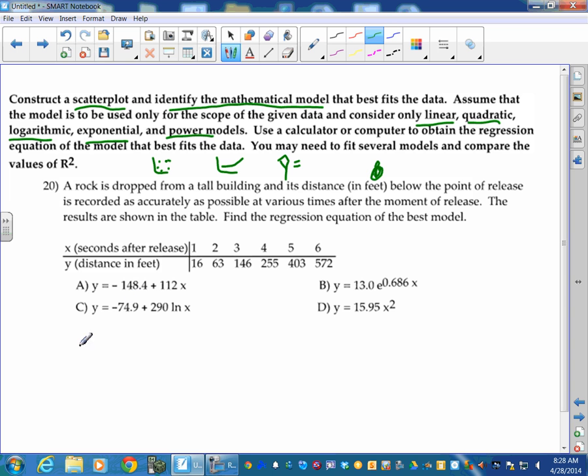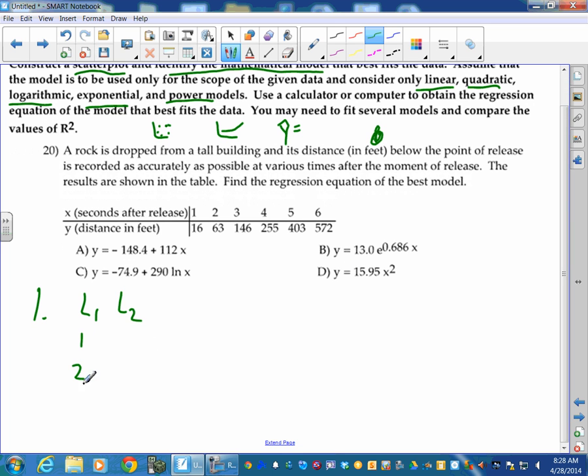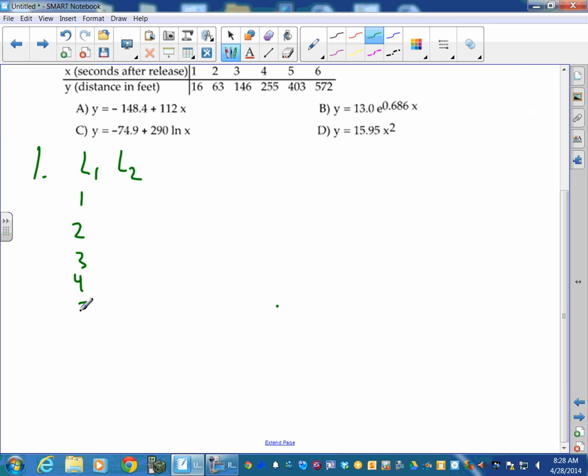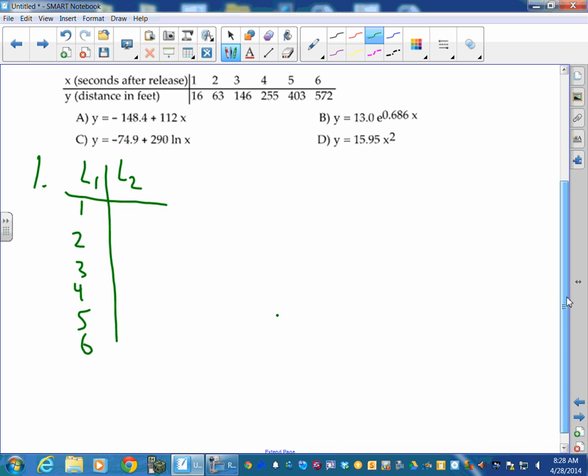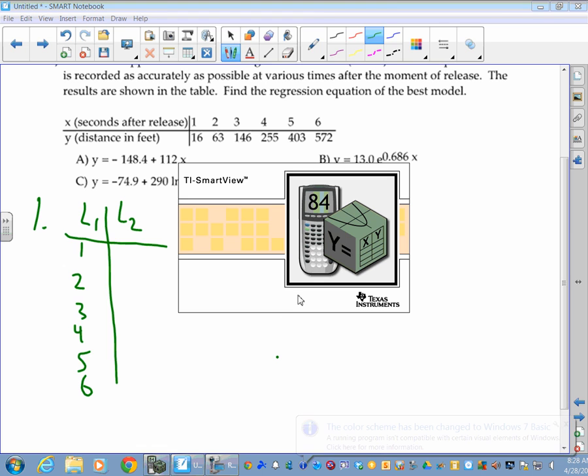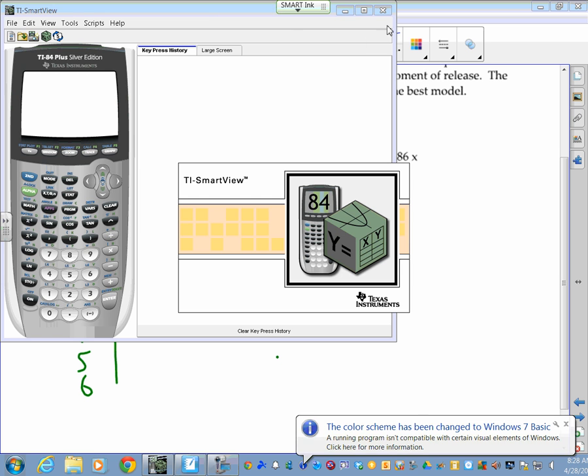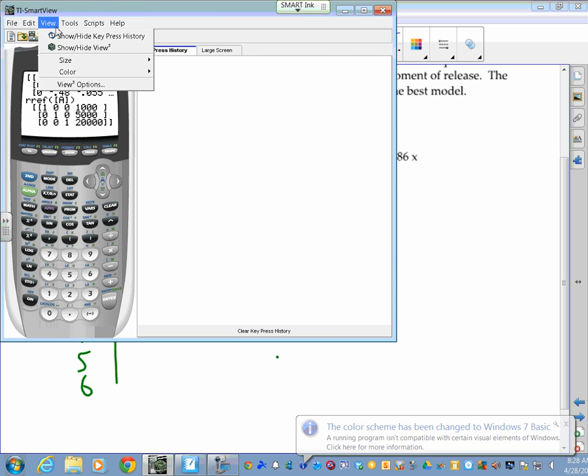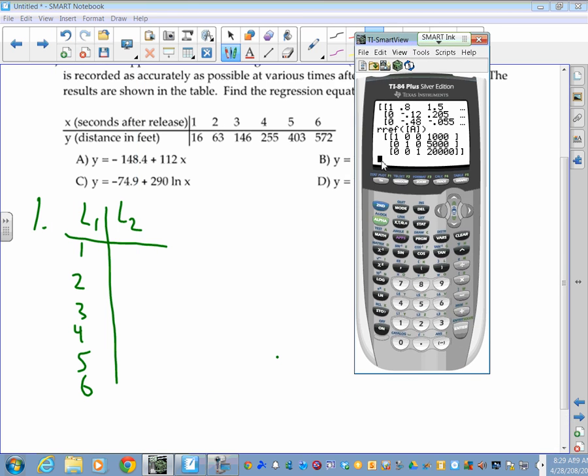So first thing is to do what? L1, L2. So 1, 2, 3, 4, 5, 6. Step into L1 and L2. I might follow along with you on this one. Quit. Clear.